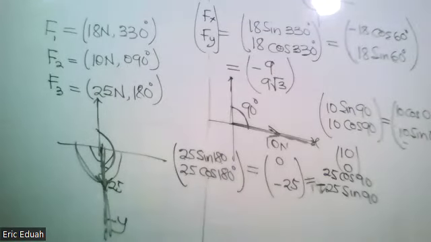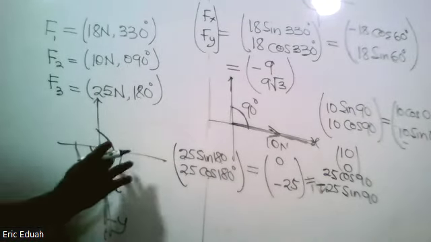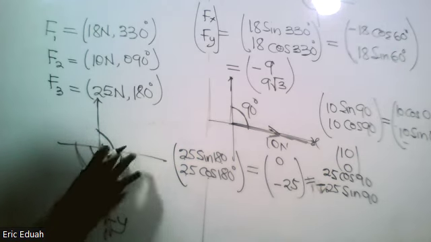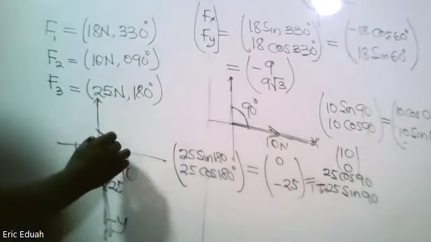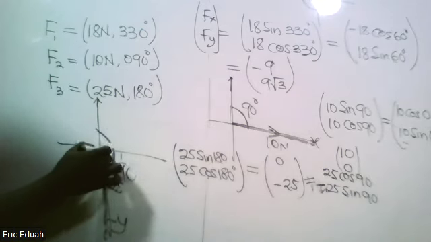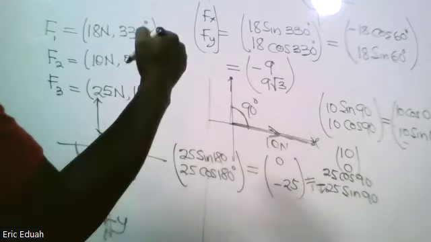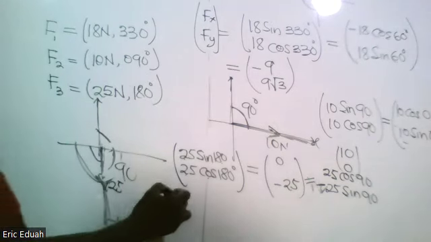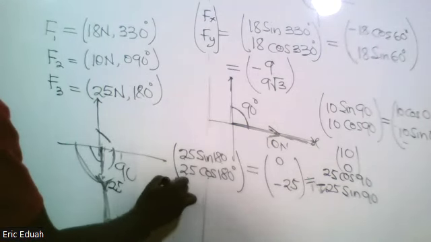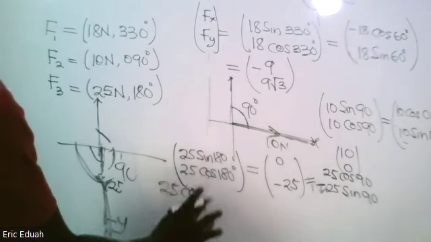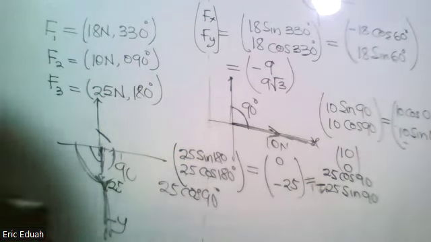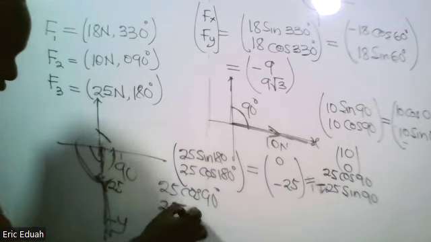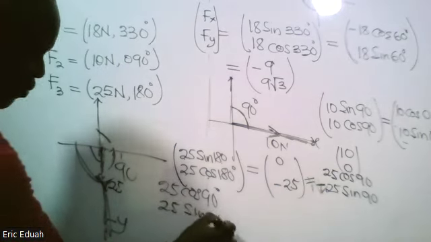If I use the angle it makes with the x, this is 90 degrees. But don't forget, when we are using angle to the x, the order is cos and sine. So we have 25 cos 90 as against 25 sine 90.